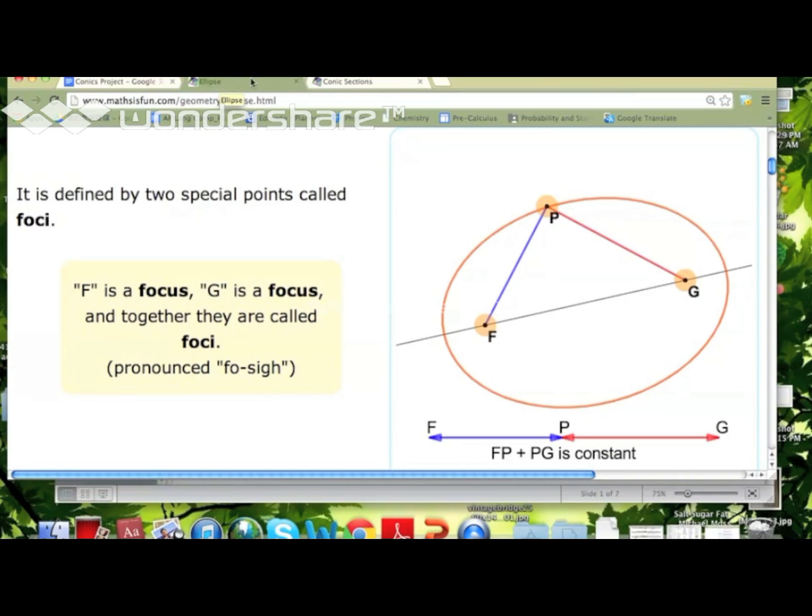First, let's start with interesting properties of the ellipse. So you may already know that there are 2 points in the ellipse called foci, and if you place any single point on the ellipse and connect it with the foci, right here we have a blue line and a red line. Now if you drag the point on the ellipse, you will find that no matter how you rotate, the sum of the distances of the blue line and the red line will be constant.